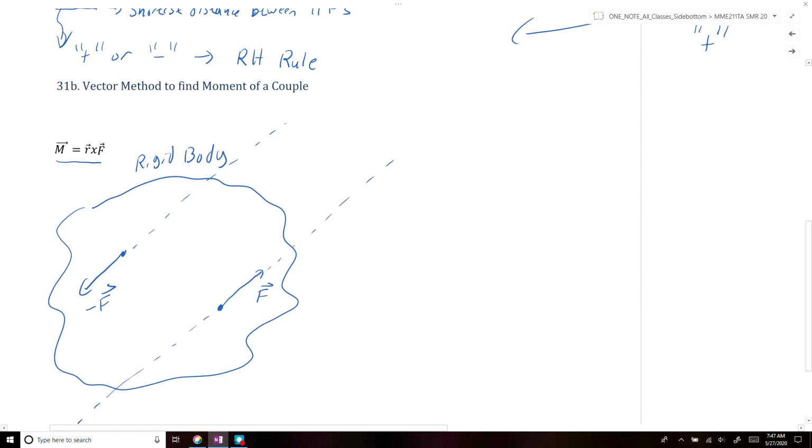We can define our position vector r at any point.